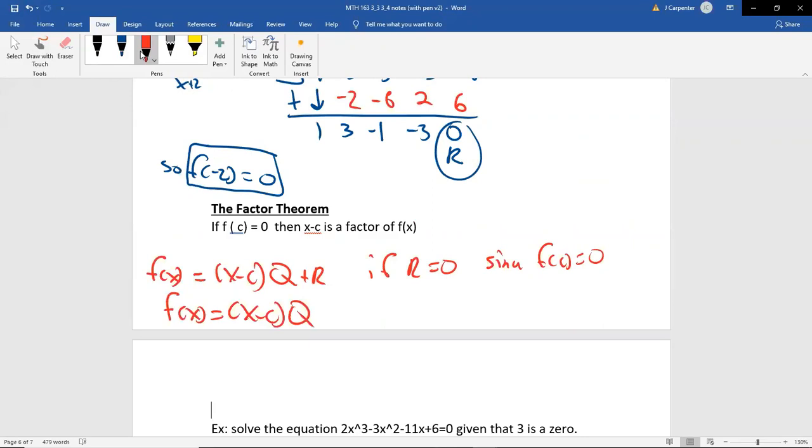This is a product of two things, which means it's factored. So x minus c is a factor, and the quotient is a factor. It's actually a very simple proof. And then also you can just say, so is the quotient.